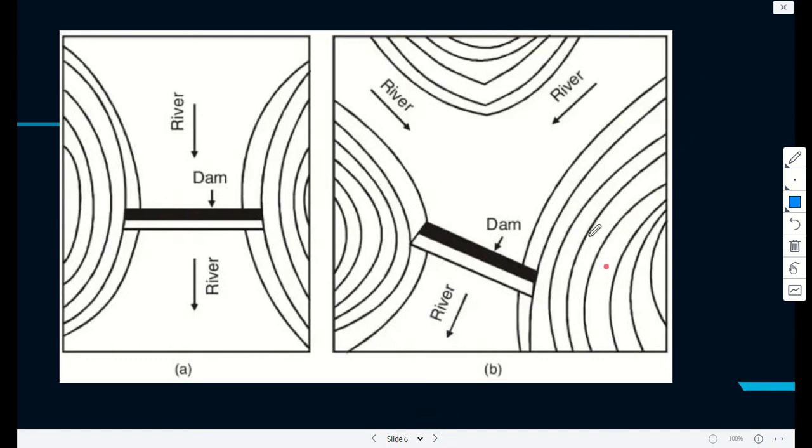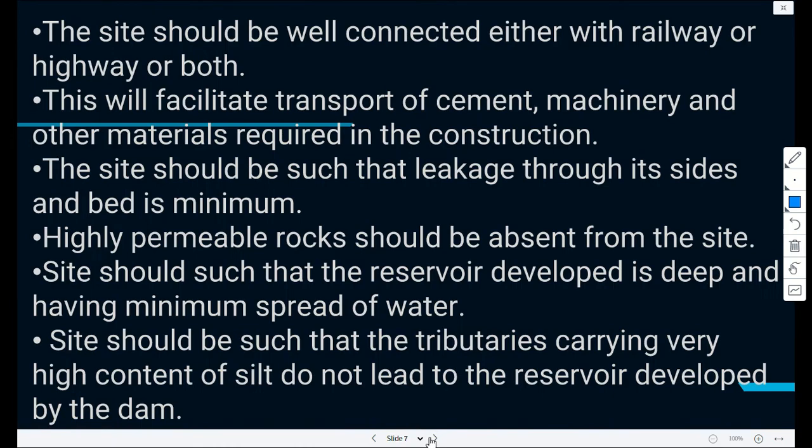And these are mountainous regions, so hopefully there are no people living around. So this dam project will have minimal effect on the people around.